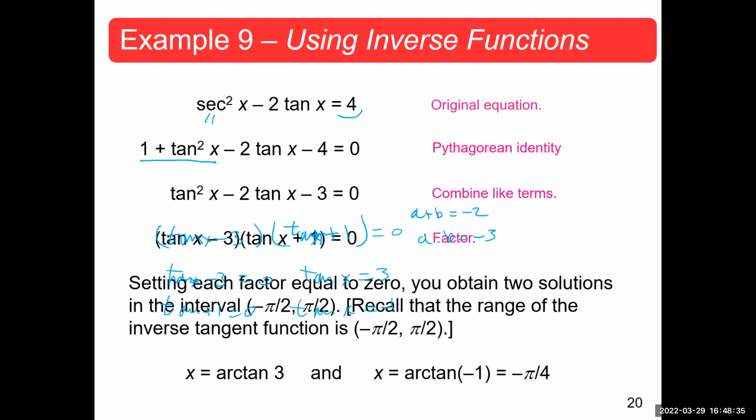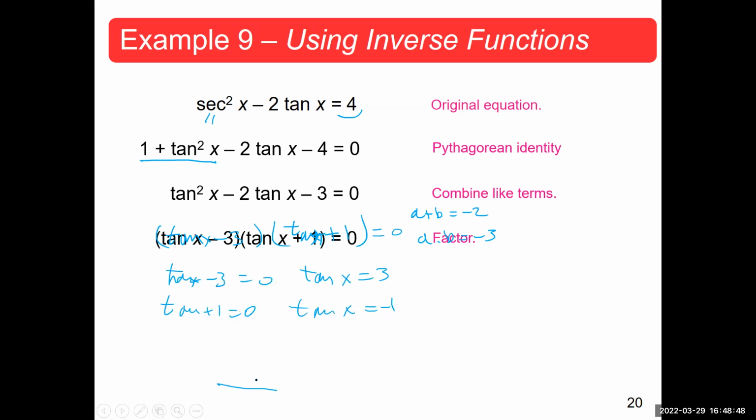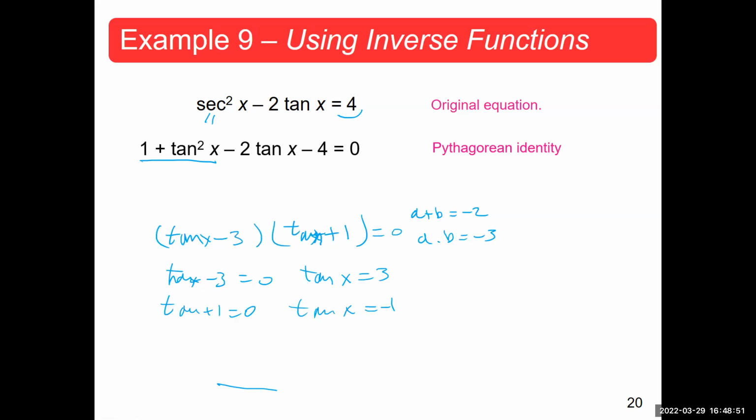What does arc tangent mean? Have you seen this before? Arc tangent? Okay. Here, what is the x? That's what you're using in your calculator, tangent inverse of 3. What is the x here? Tangent inverse of -1.